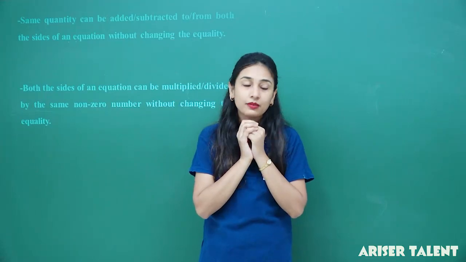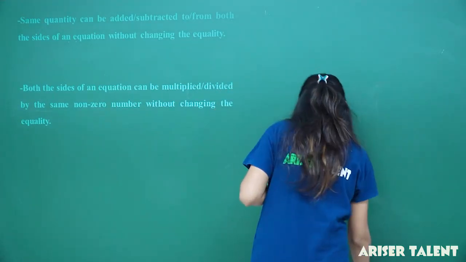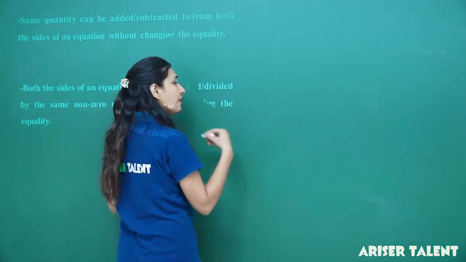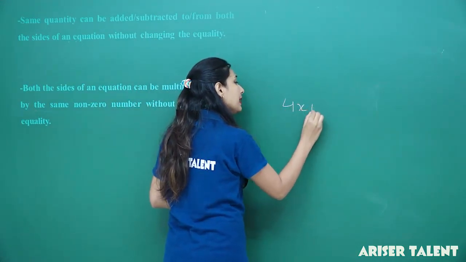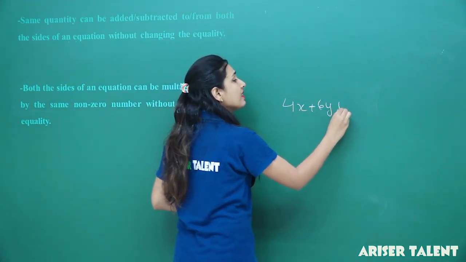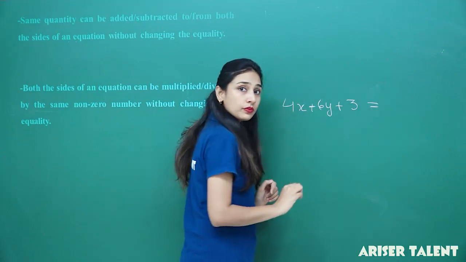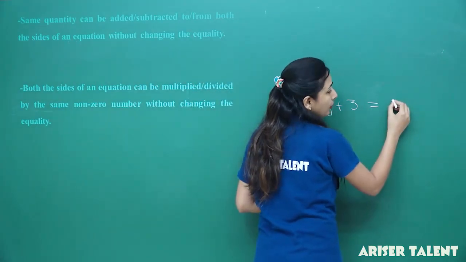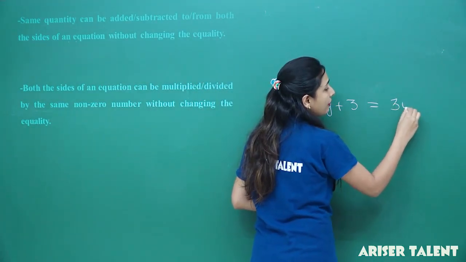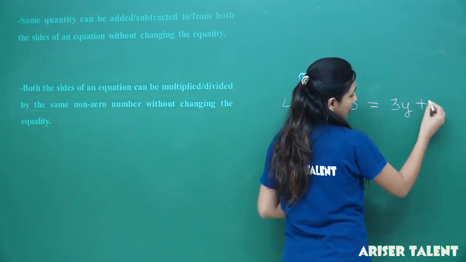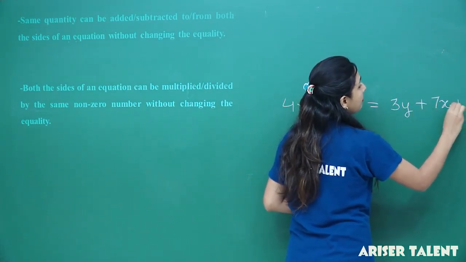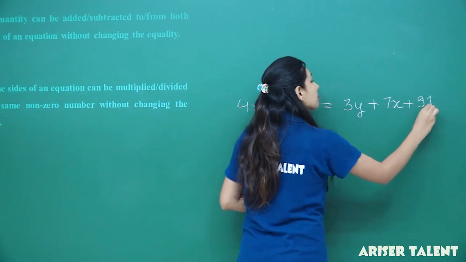Okay, so I have an equation 4x + 6y + 3 = 3y + 7x + 91.